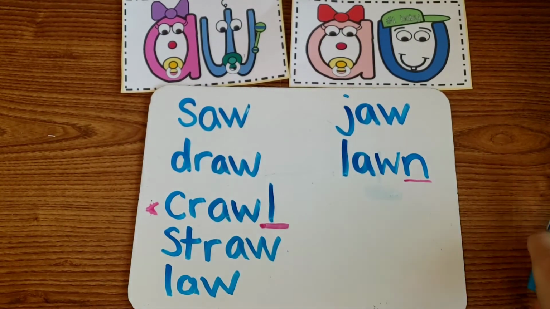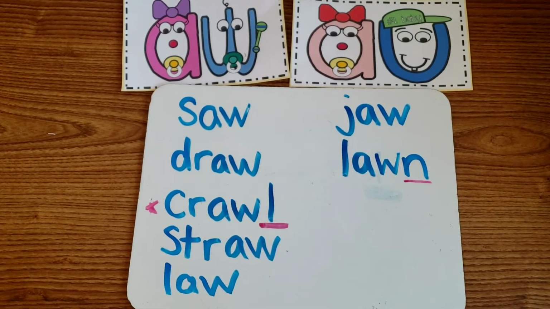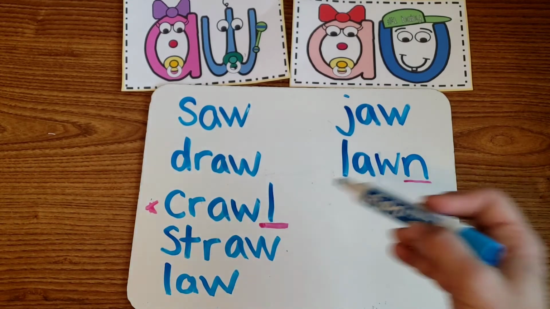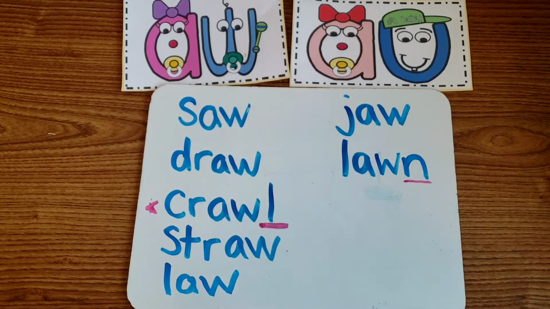So if it was not an L or an N and we heard the "aw" in the middle of this word, we would be going with AU. But since we have our L and N, the two letters we watch out for, we use the AW, even though we hear the "aw" sound in the middle of the word.